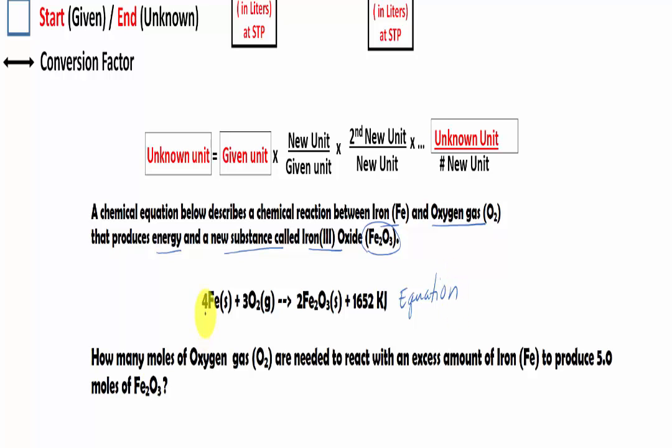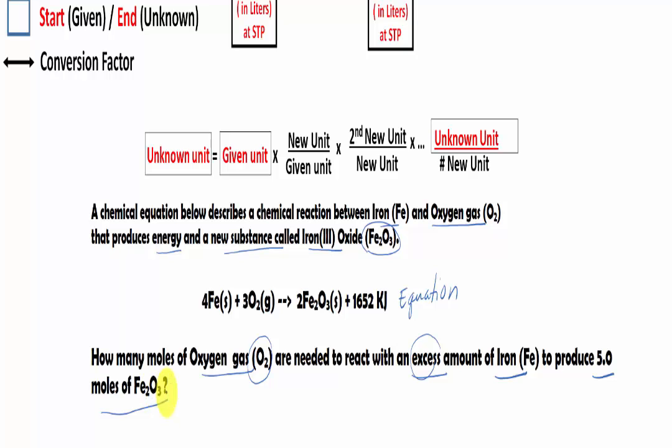We have 4 moles of iron react with 3 moles of oxygen gas to produce 2 moles of iron 3 oxide. The question asks how many moles of oxygen gas, which is O2 right here, are needed to react with an excess amount, meaning you have an endless amount of it, of iron to produce 5 moles of iron 3 oxide, or Fe2O3.